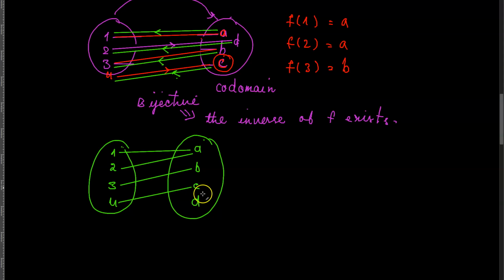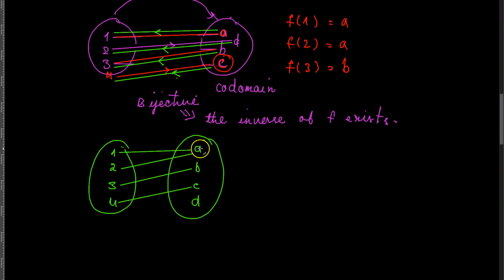Just ignoring d for now. Now suppose that I want to define the inverse of this function and get back from a to wherever I need to go. If I want to get back from a, I don't know whether I should go to 1 or I should go to 2 or what I should do here. I would get confused, right?